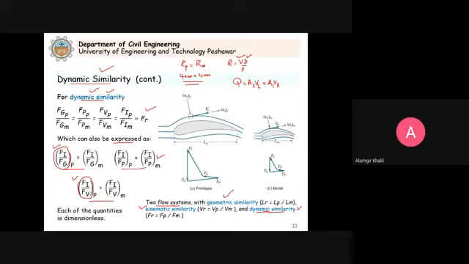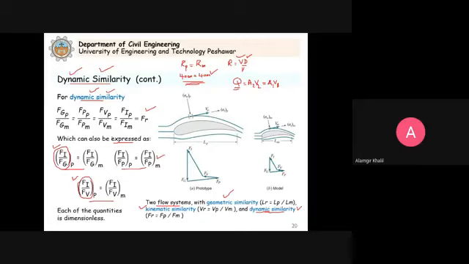We are not saying that A1 must be exactly the same as A2, but their product must be the same. They may have different proportions for velocity, forces, and other parameters that we consider, but the result should be the same in both. If this is the case, then we say that dynamic similarity exists between the model and the prototype, and only then can we transfer the results between the two.